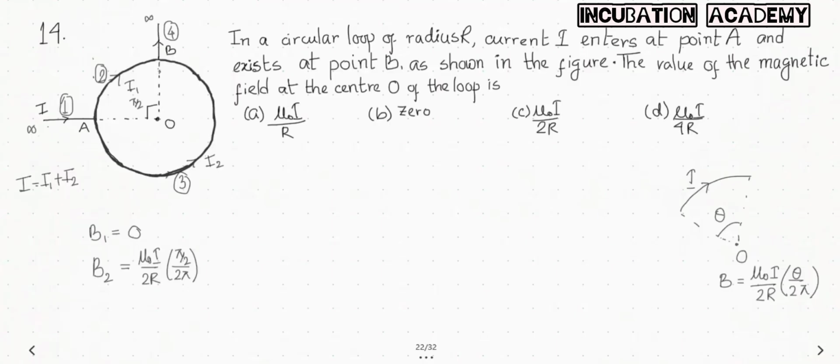Now in which direction is B2? If you apply the right hand thumb rule, or any rule to find the direction of the magnetic field when the direction of current flow is known, then at the point O the magnetic field is perpendicular to the plane of the paper, pointing downwards.